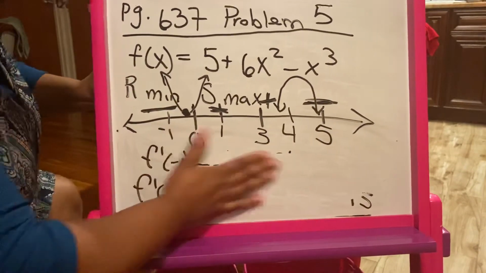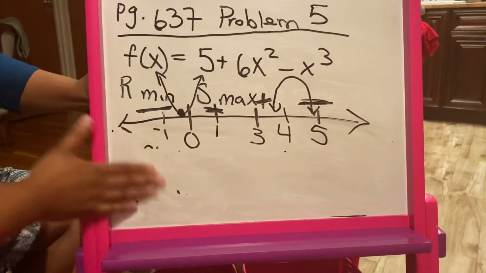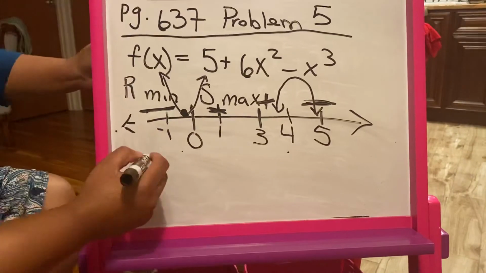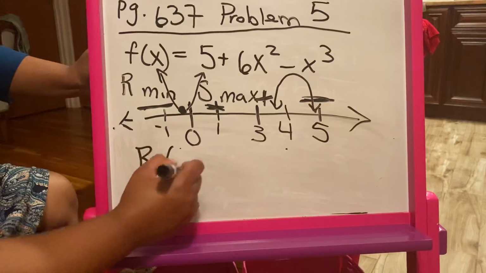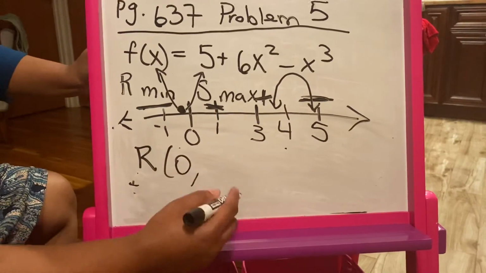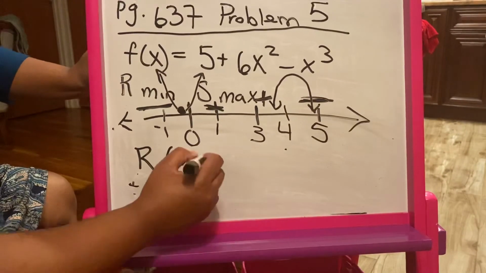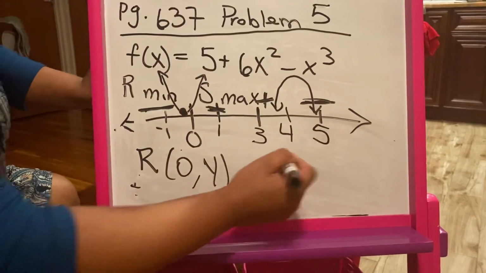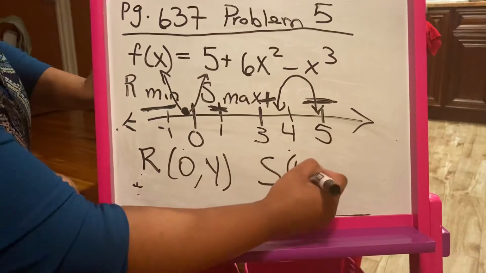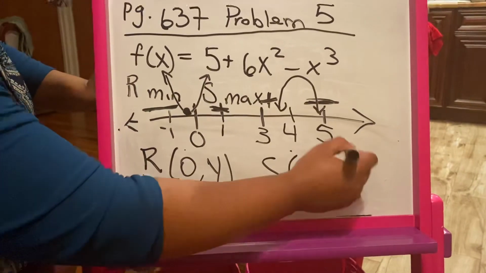So for my final answer, I know that R is located at x equals 0, but I don't know what y is. And I know S is my maximum point and the x is 4, but I don't know what my y is.